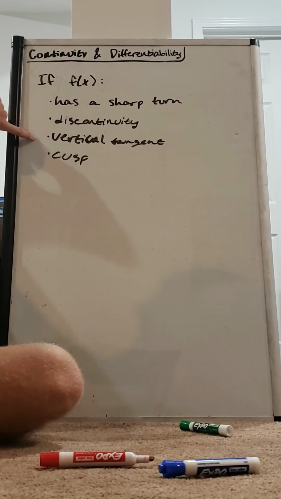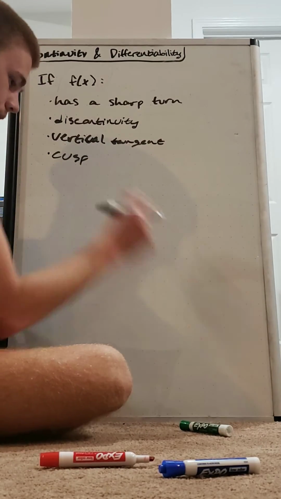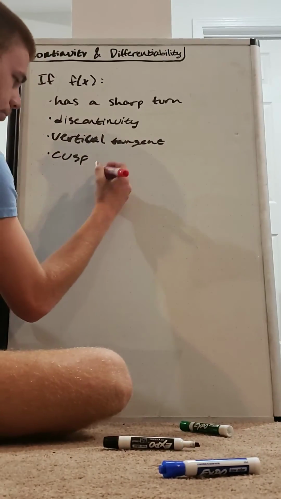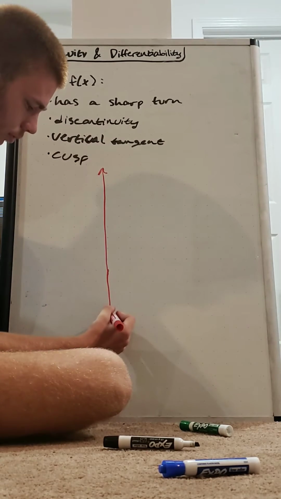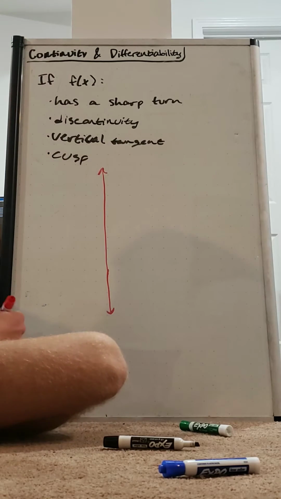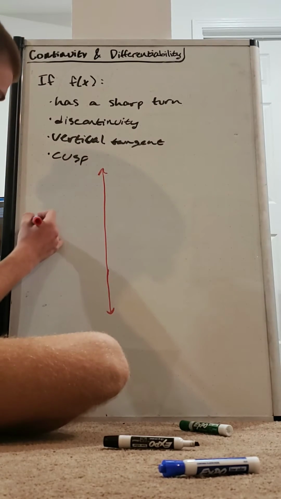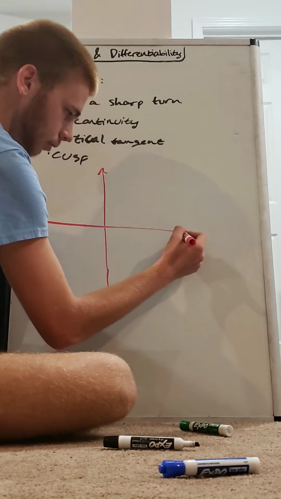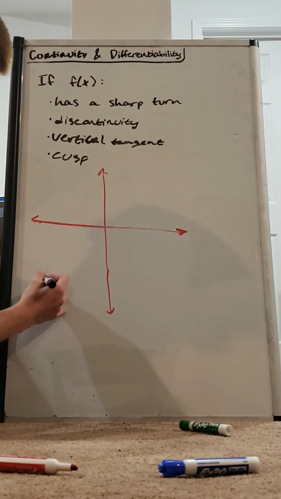So moving on to the third one, if it has a vertical tangent. Once we get to second derivative tests and everything, we can do more with points of inflection.